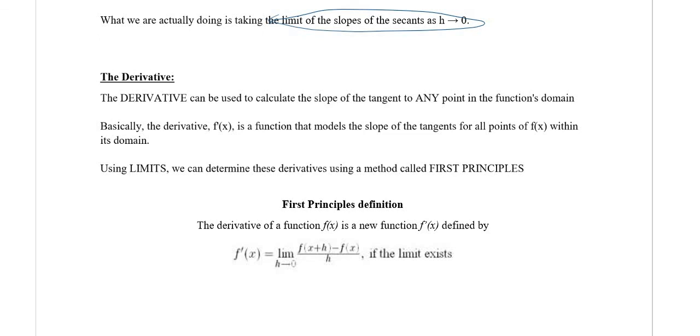So essentially, we have this new definition for the derivative. You should recognize this. It looks almost the same as our definition for the slope of the secant, but we're going to say the limit as h approaches 0. And what that means is we're going to look at what happens to this as h gets closer and closer and closer to 0.